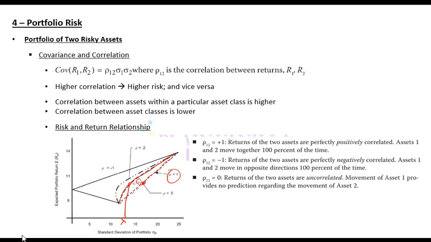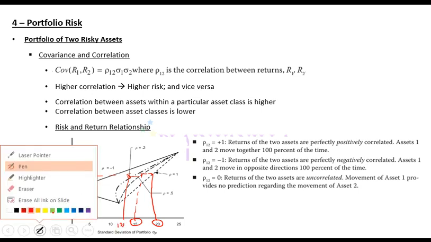Previously you were making, for example, 11% return for 20% risk. Now you can make 11% return for 15% risk. Why? Because the assets that you have in the portfolio have low correlation. So if one goes up, the other will go down. So you can make the same return with lower standard deviation. If they have much lower correlation, say 0.2, then you can make the same return at even lower risk, let's say 12%.